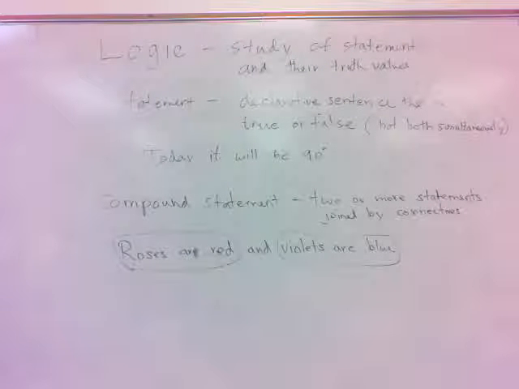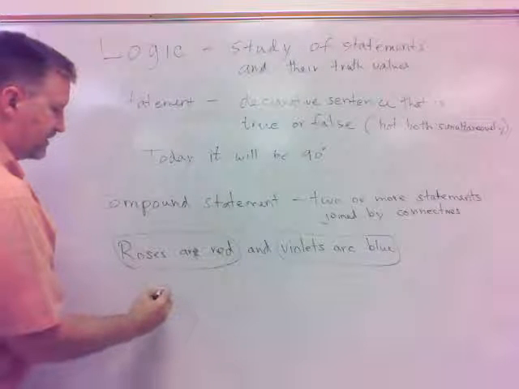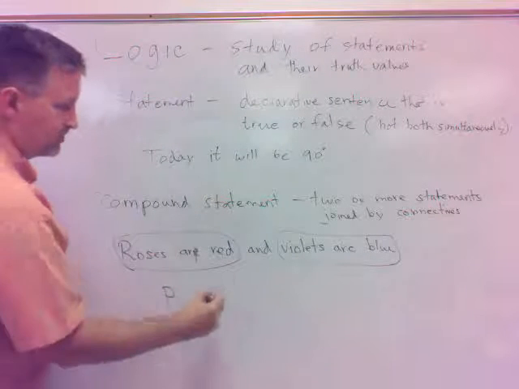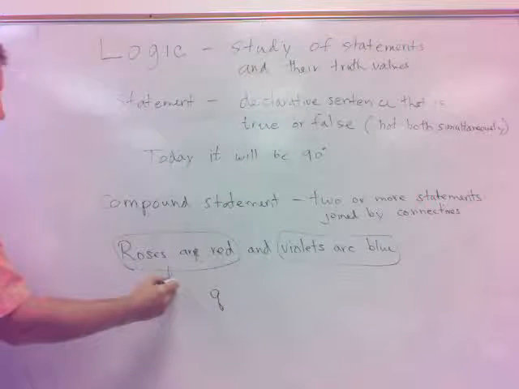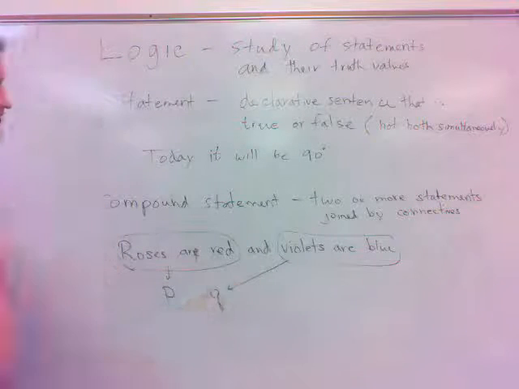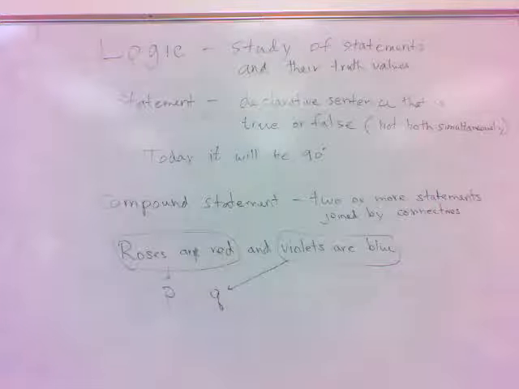Now, a couple of notational things. When we're working with these, we've got our statements, but a lot of times we'll want to denote statements with an abbreviation, and the way we'll do that is with lowercase letters, P's and Q's. Let's say our roses are red is the P statement, and the Q is the violets are blue statement. So letters representing statements, no big deal there.